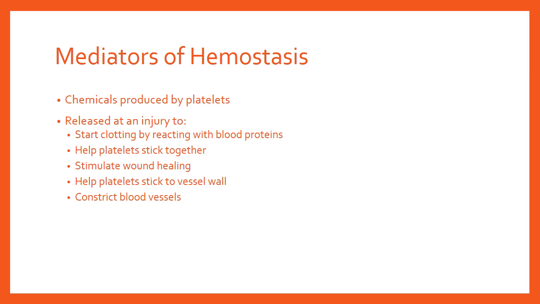On the other hand, the mediators of hemostasis will also stimulate wound healing and also prevent clumping. They also facilitate the adhesion of the platelets to vessel walls. Also, they result in vasoconstriction. They support vasoconstriction of these vessels.